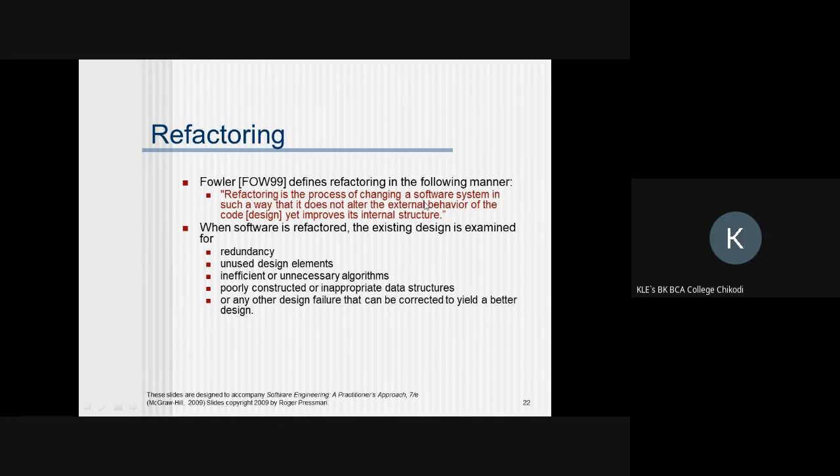And after refining, again it will be tested with respect to its behavior or its efficiency. As I told you, refactoring is a step-by-step process. It has to improve efficiency when certain changes are made to any of the modules.